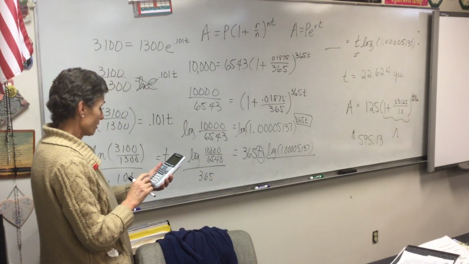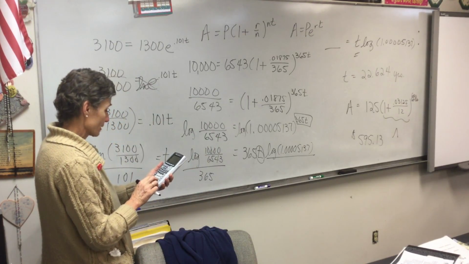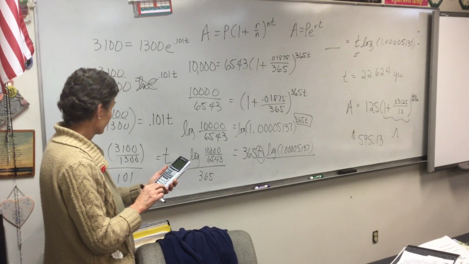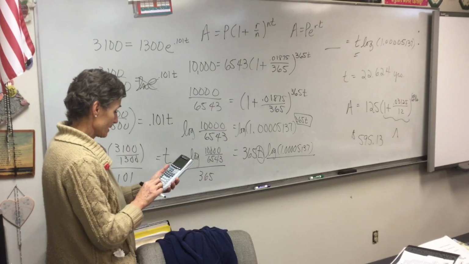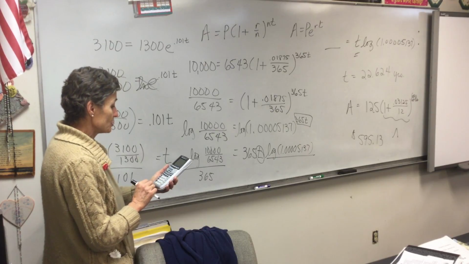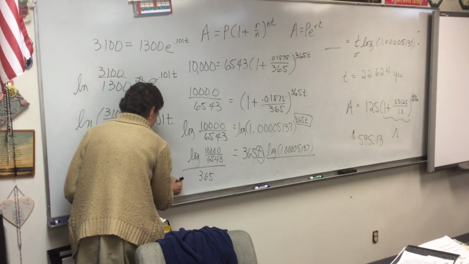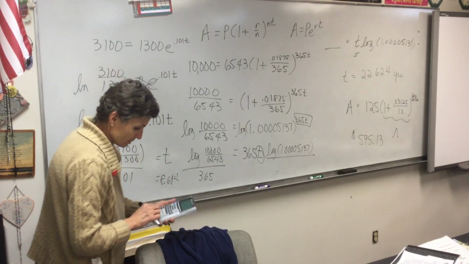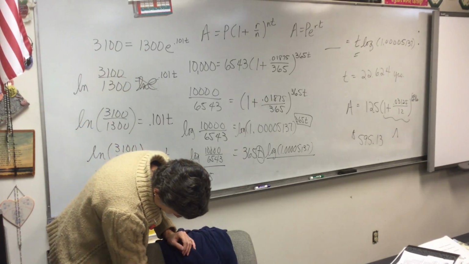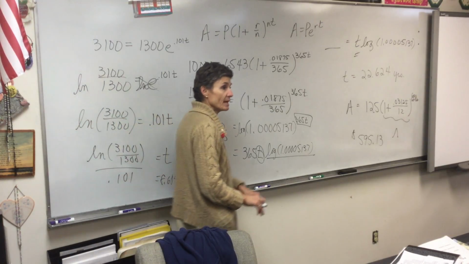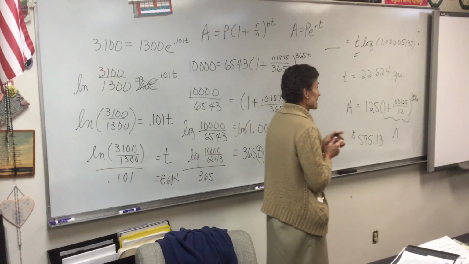Nobody leaves till we get our answer. ln 3100 divided by 1300 divided by 0.101. Did you say 8.604? And I don't know if that's days or years. It doesn't say, but it's something, right? Make it up. Days, years, hours, months.